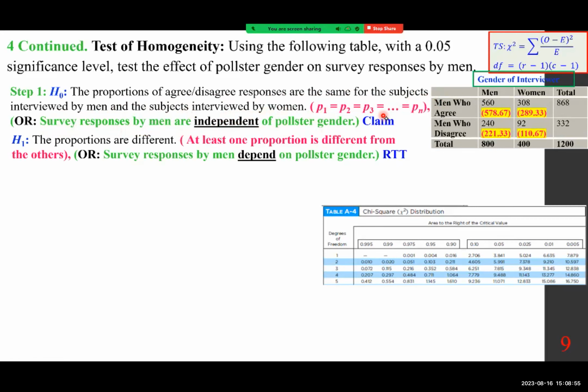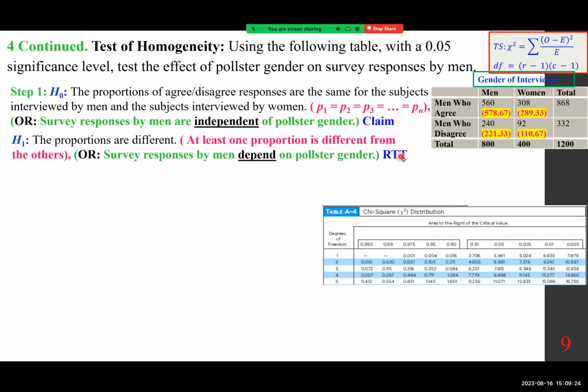And that is the claim. H1, the proportions are different, or at least one proportion is different from the others, or survey responses by men depend on pollster gender. So there are various ways of writing them. I've shown you 3 different ways, so you want to write them accordingly. And that makes it a right-tail test.